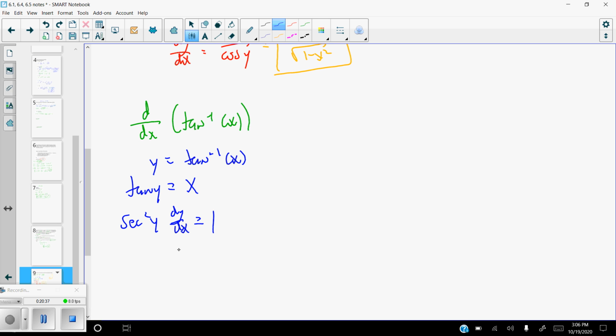Dividing both sides by secant squared y gives us 1 over secant squared y. But if you remember, secant squared is the same thing, using a Pythagorean identity, as tangent squared plus 1.